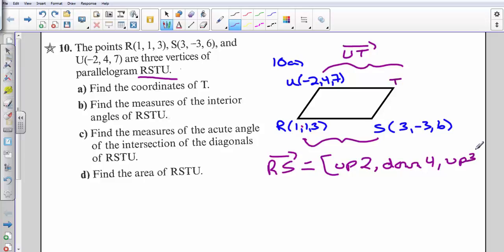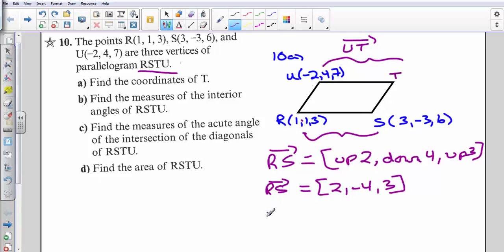Again, it's going up 3, and so RS is the vector 2, negative 4, positive 3. The math, of course, you recognize that the difference between them is what we're interested in each case. So 3 minus 1 is 2, negative 3 minus 1 is negative 4, 6 minus 3, so end minus start is positive 3.